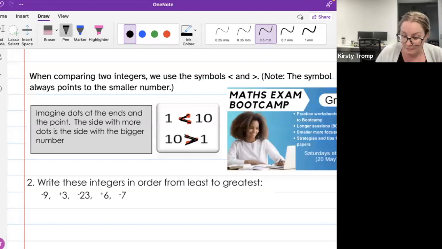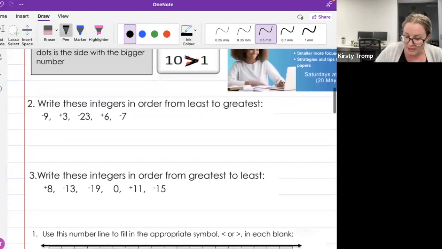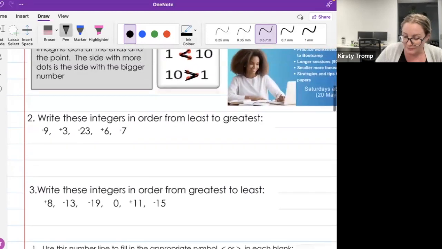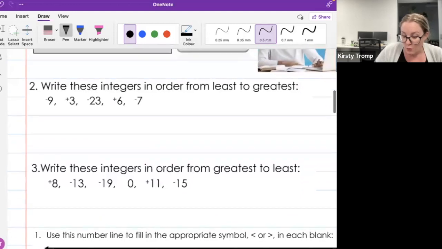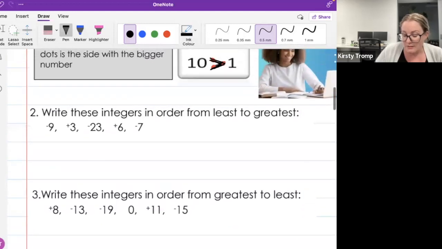First two questions that we've got here today. Our questions say to us, write these integers. Can you see again? It's not saying numbers. Today we're using the word integers. So before you go and write it in the chat, give everybody a chance.